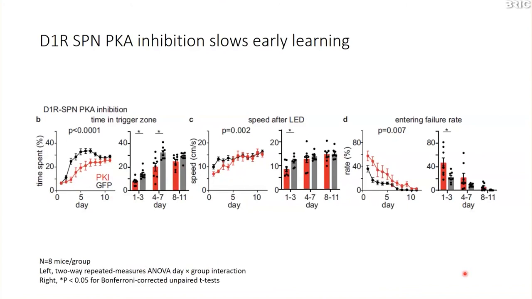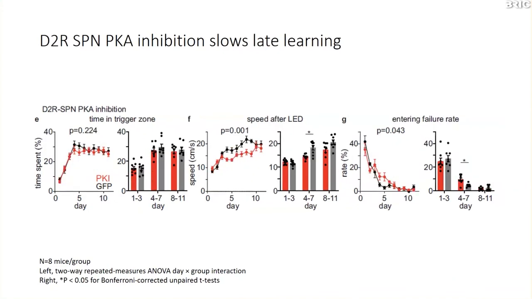And you can see that PKI, the red group, although it does learn eventually, has a slower learning, especially in the early phase of learning, which is consistent with the activation of PKA in D1 receptor SPNs in early phase of learning.